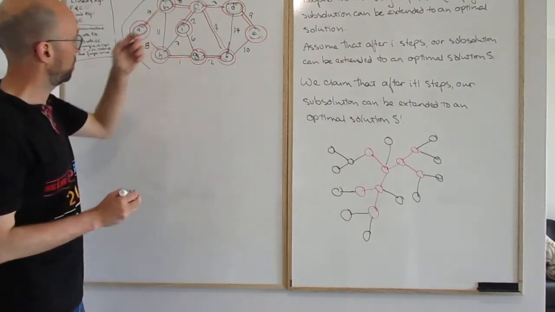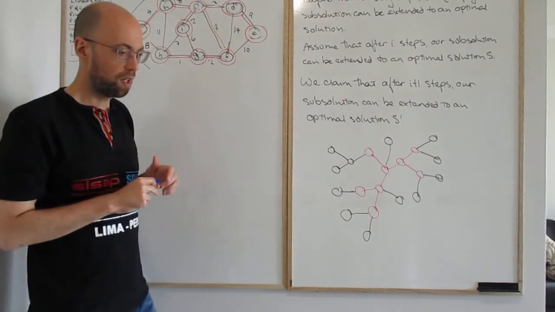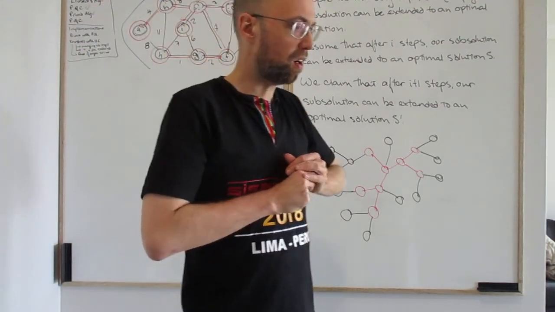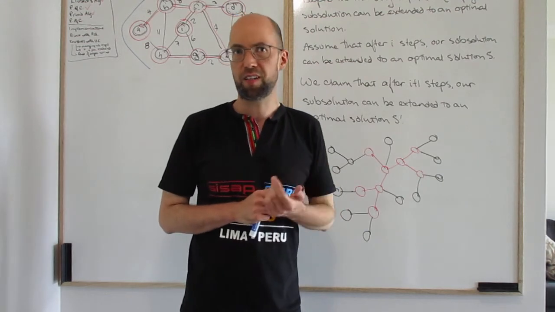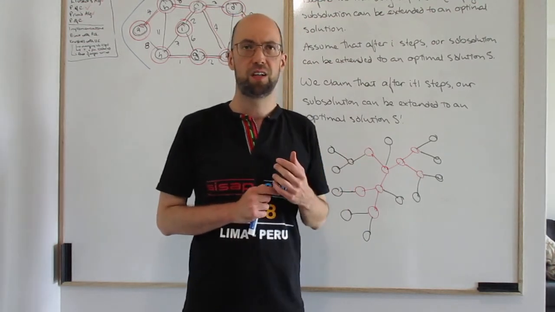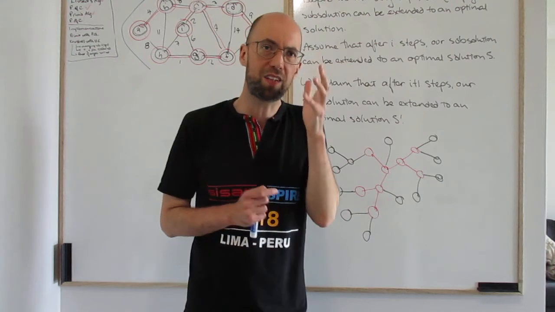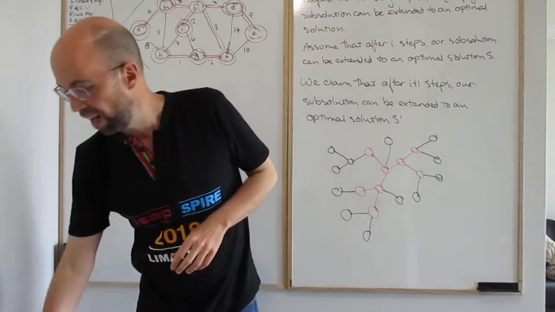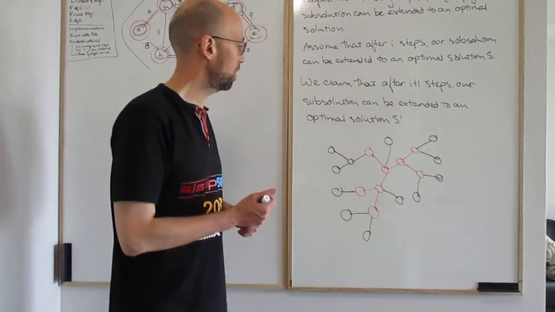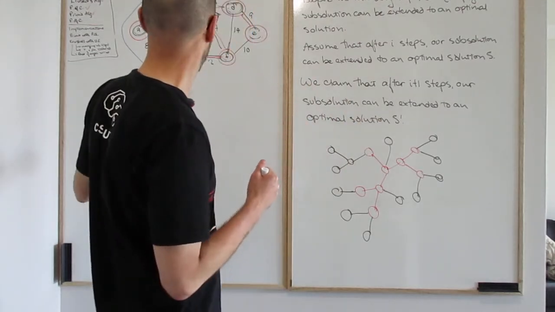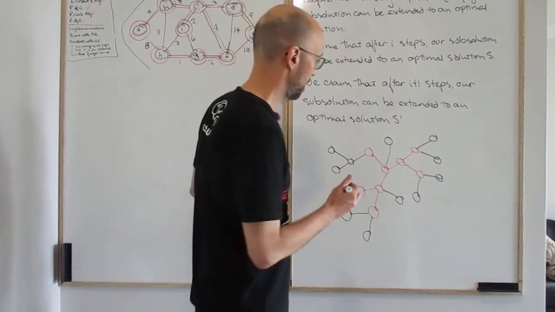And then the rest could be the same. So how do we argue that if we take something, and S says, no, I wouldn't take that edge, I would take this other edge? We want to argue that we can still take S's solution and change it into an S prime that extends our solution.